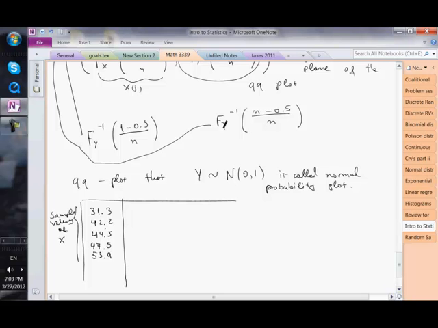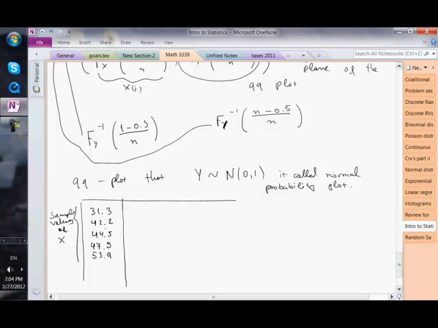So my Y will be the standard normal distribution here. Or I can also do a normal distribution in general, but the standard normal will be fine. It doesn't really matter if you use the standard normal or another normal. All this is determined basically by what the mean of your data is.